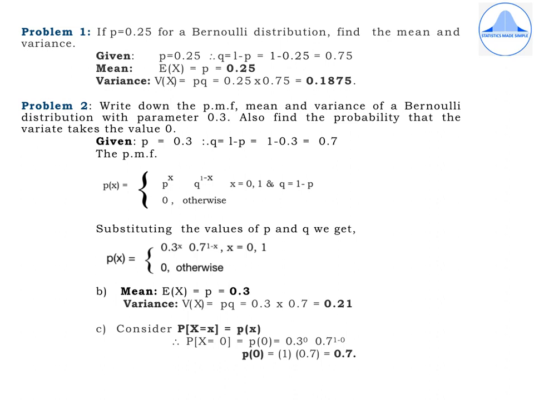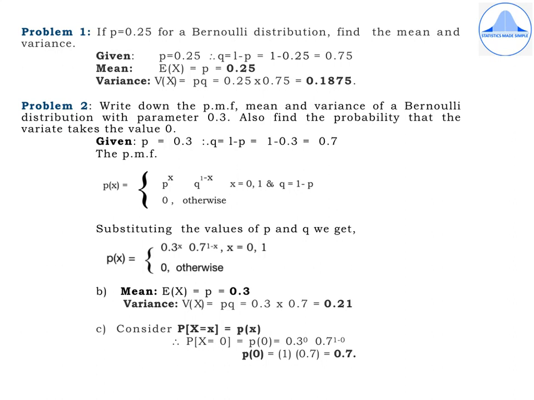Now the first part of the question is to find out the PMF. If a student is confident enough, if you remember the PMF, we directly substitute the values of P and Q in the PMF. But initially, most of the students find it a little difficult.